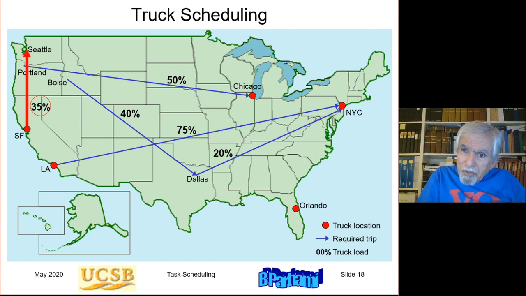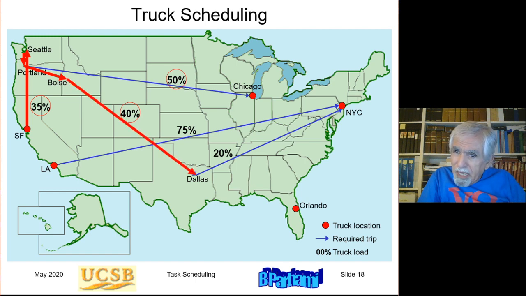Then we may have that truck come back from Seattle to Portland and then load up the shipment that goes to Chicago. That takes up only 50% of the truck space. So rather than send the truck directly from Portland to Chicago, we may decide to send it to Boise and have it pick up that 40% shipment from Boise to Dallas.